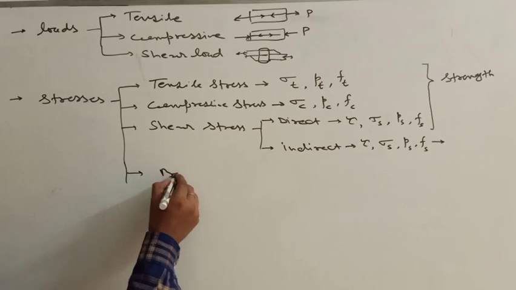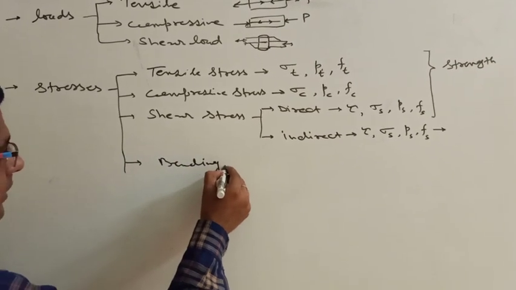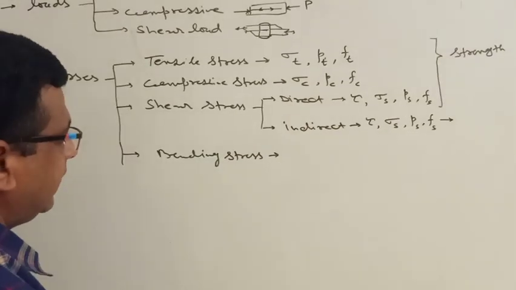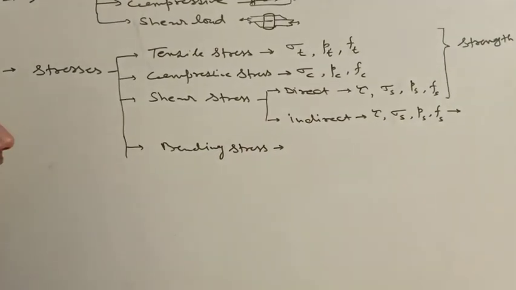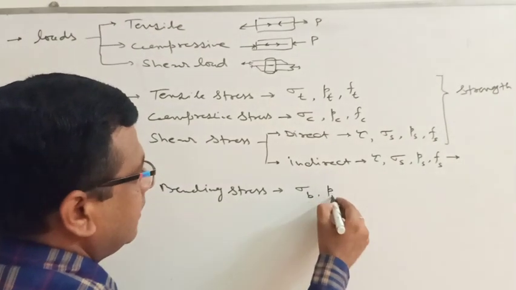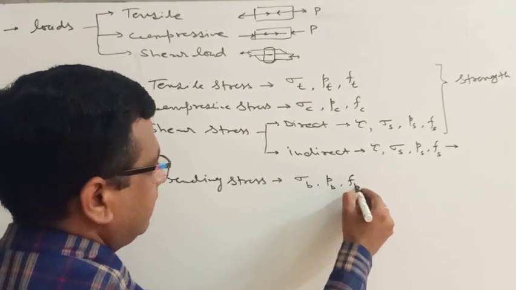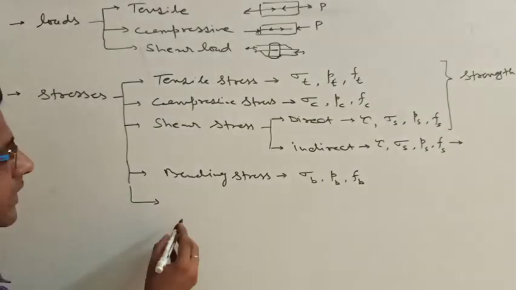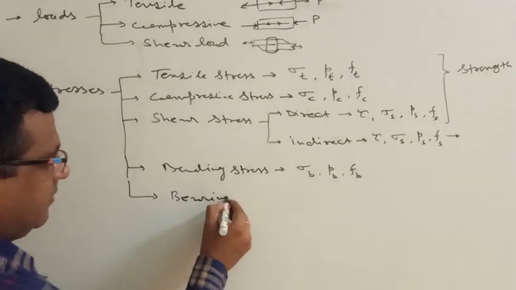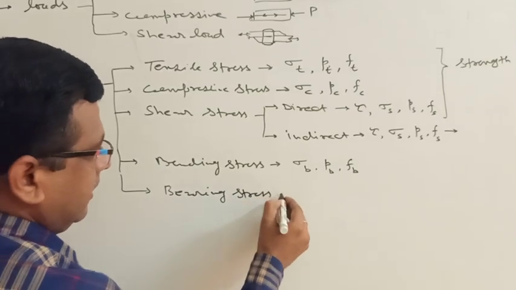Next is your bending stress. If you are applying some load and bending occurs, then these bending stresses are considered and defined by sigma B, PB or FB. These are the notations for our bending stress. We are also considering a stress which is known as the bearing stress.